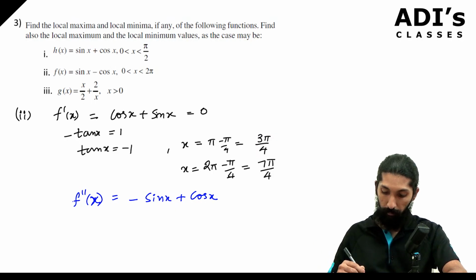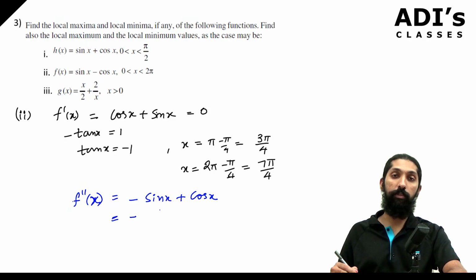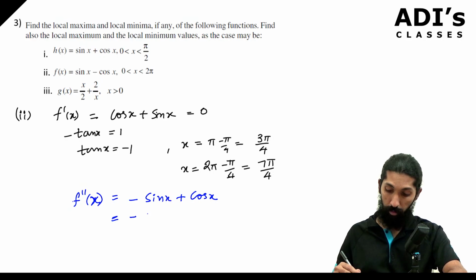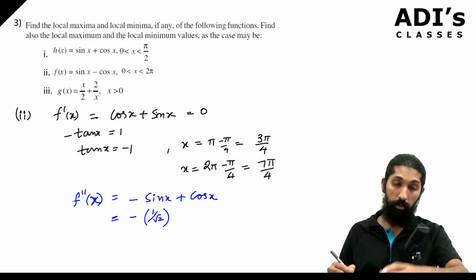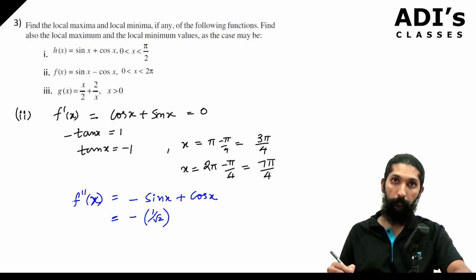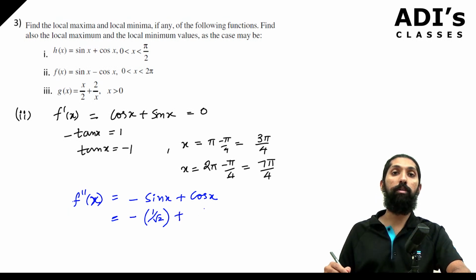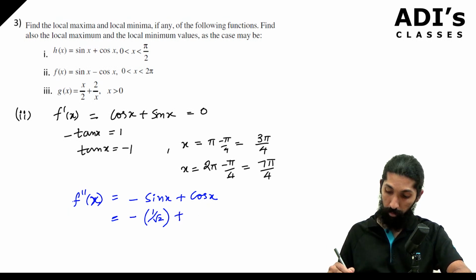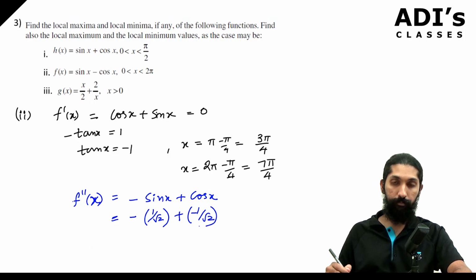So you'll get minus sine of 3π/4, which is going to be plus 1 by root 2. The reason why we have plus 1 by root 2 is sine is positive in the second quadrant. Then plus cos of 3π/4, which is going to be minus 1 by root 2, because cos is negative.